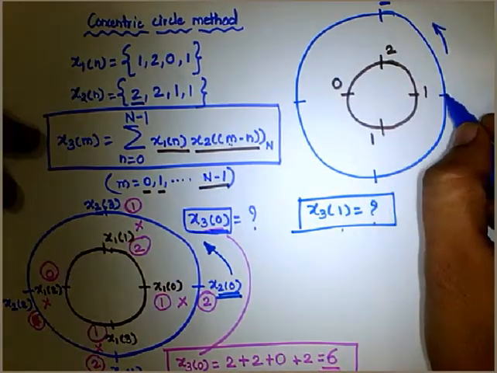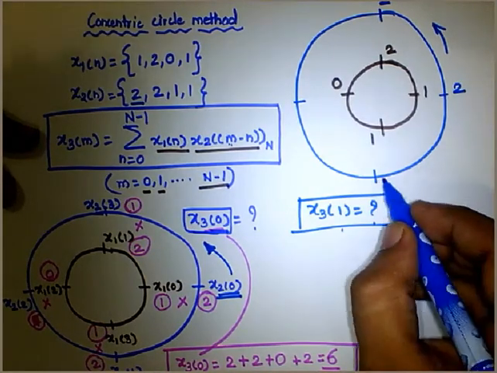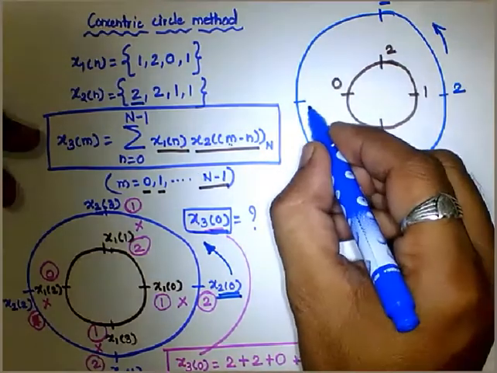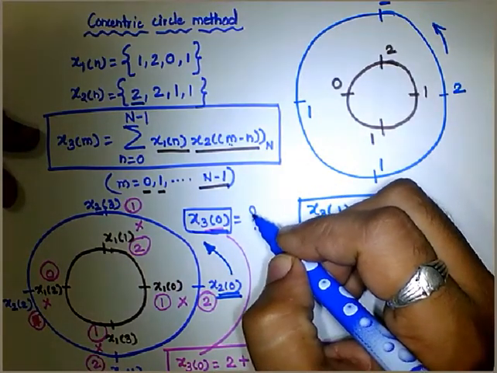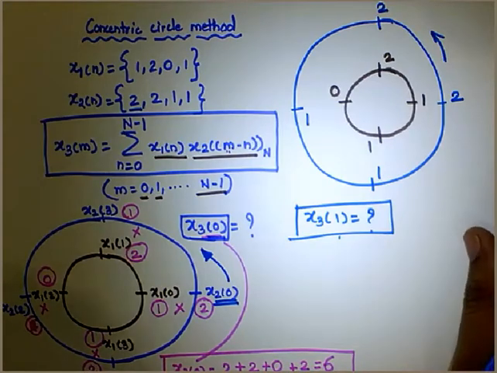After that, this point will be x2 of 1, so this will be again 2. This is 1. This one is 1. So this is how we have written the values.